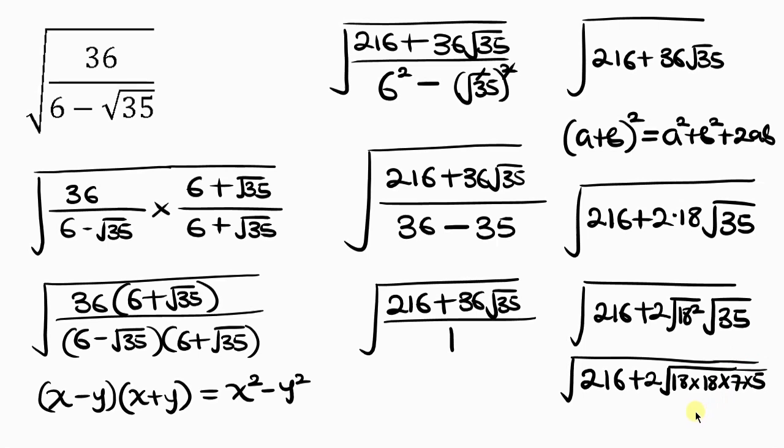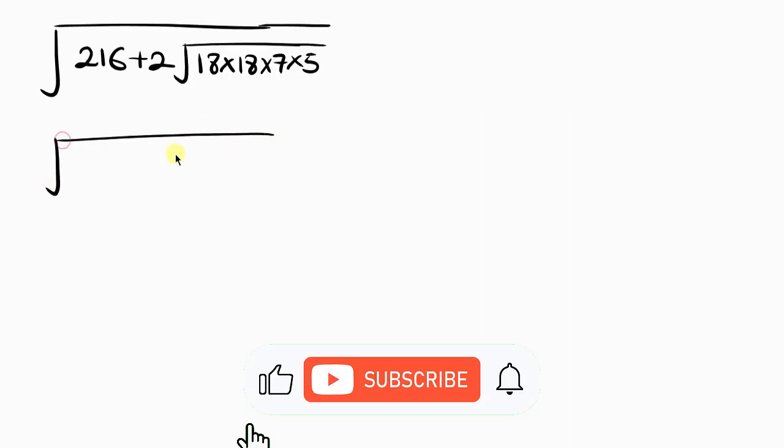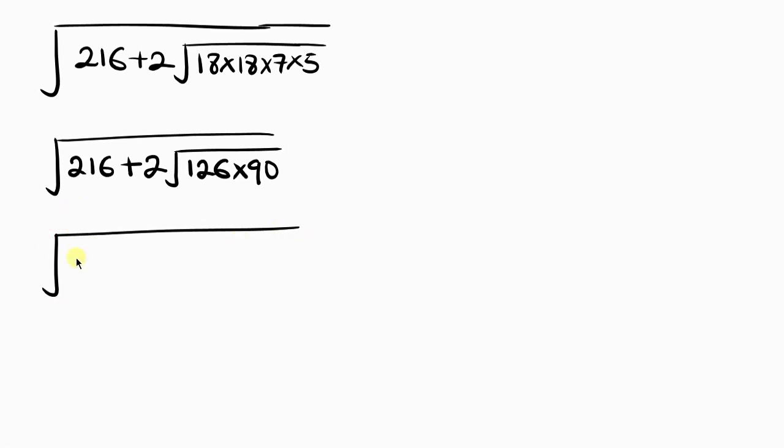Let's move on to the next slide. So this simplifies into the square root of 216 plus 2 times the square root of 18 times 7 is 126 times 18 times 5 is 90. So this becomes the square root of 216 plus 2. Now let's separate these two expressions here.